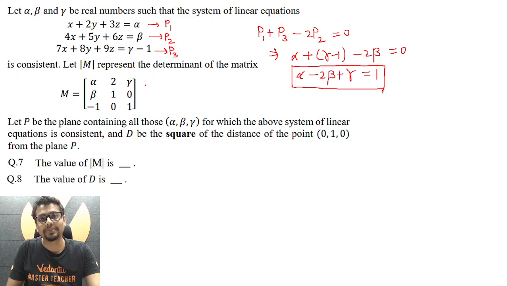So we'll go for infinitely many solutions, for which you'll do d1 equal to 0, d2 equal to 0, d3 equal to 0. And you know what are d1, d2, d3. In d1, instead of column 1 being coefficients of x, it becomes the constant terms. You equate all of them to be 0 and you'll reach in each one of them this linear relationship between alpha, beta, gamma. And also importantly, you should observe that no two of these three planes are parallel.